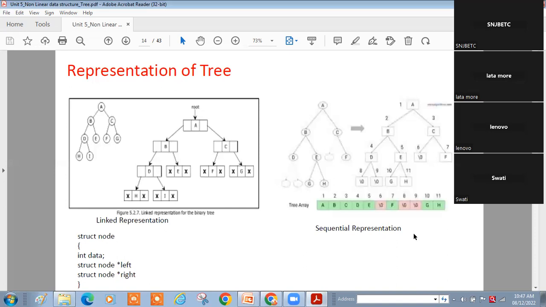In linked organization, it is easy to insert and delete, because here we can allocate memory locations. Even if continuous memory is not available, we can still insert the element. That is the basic difference between linked representation and sequential representation. Sequential means it is the same as an array.